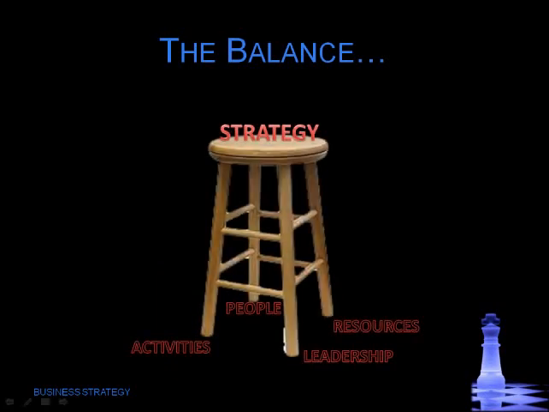We look at activities, people, resources, and leadership. When the activities take advantage of the people that we have, when the resources that we have support the activities, when the activities support the leadership, when all those things are in balance, we have a good, stable strategy, and we'll get good performance.